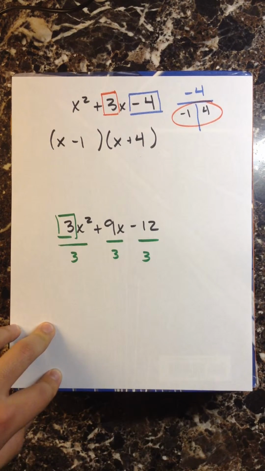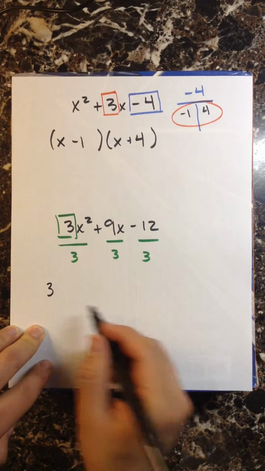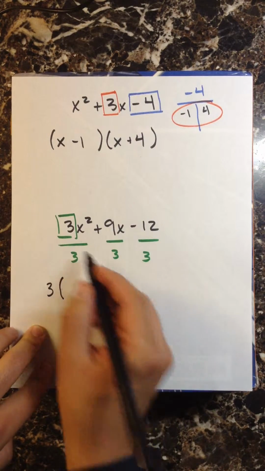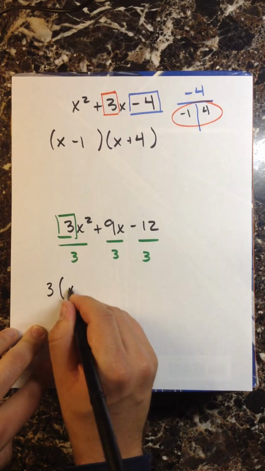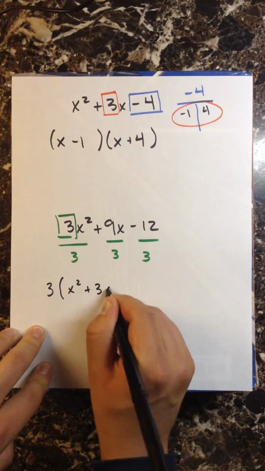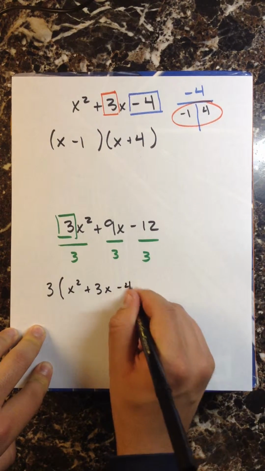But we can't just delete it. It has to go somewhere. So what we're going to do is we're going to push it out front here. And then we'll put in parentheses next to it whatever's left over once we divide the 3 out. So 3x squared divided by 3 is a simple x squared. 9x divided by 3 is 3x, and -12 divided by 3 is -4.